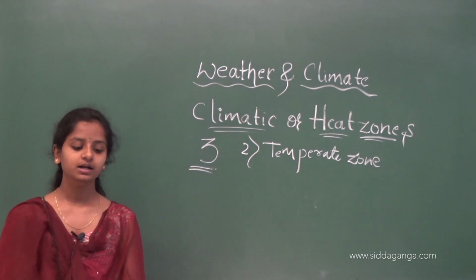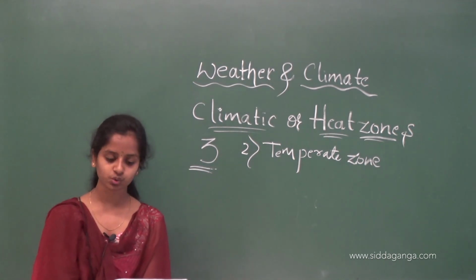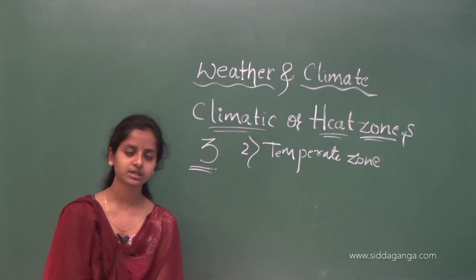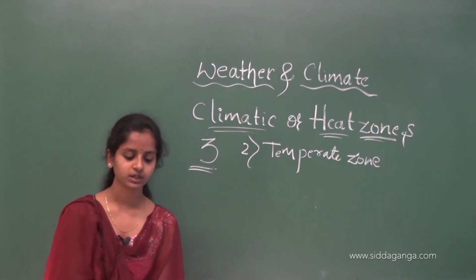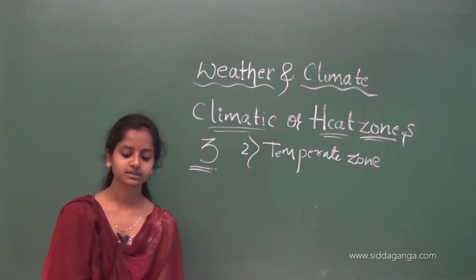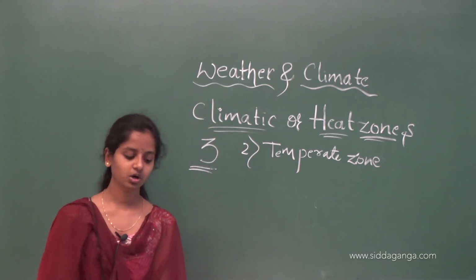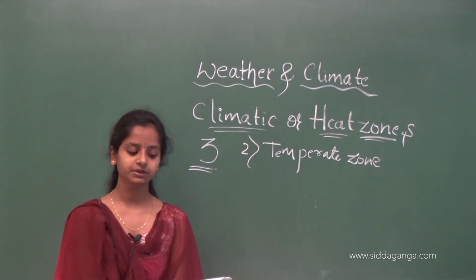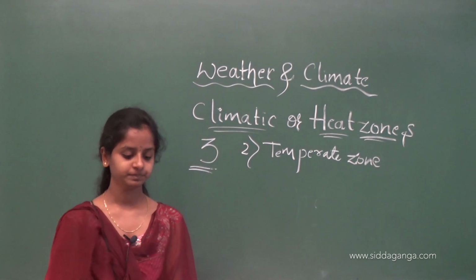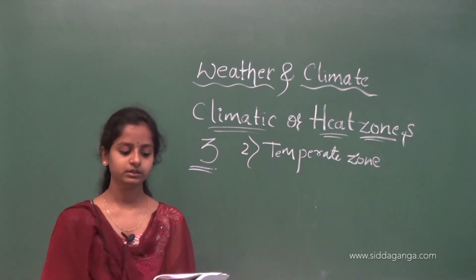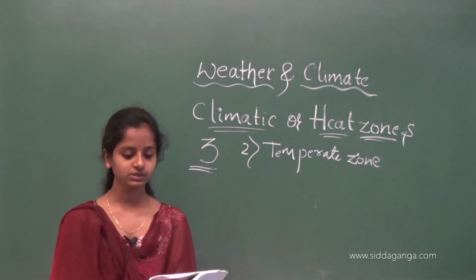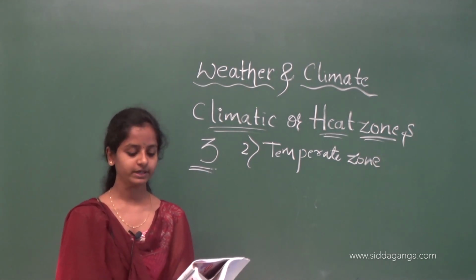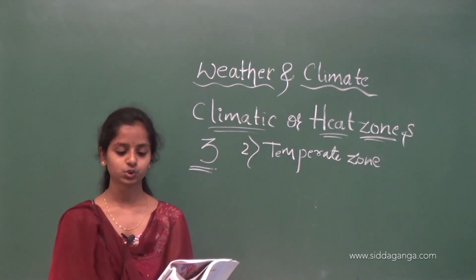The area lying between the torrid zone and the frigid zone in both hemispheres is called a temperate zone. This area is neither very hot nor cold as it is away from the equator.